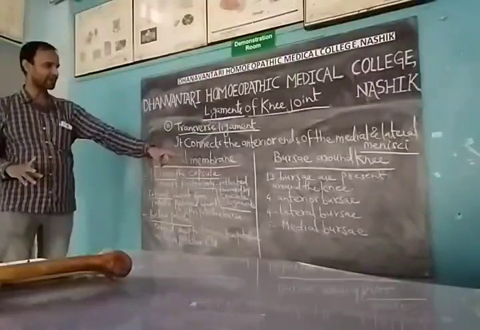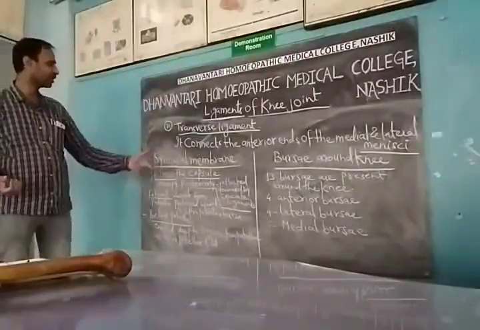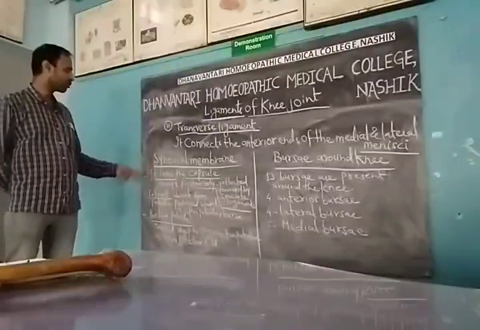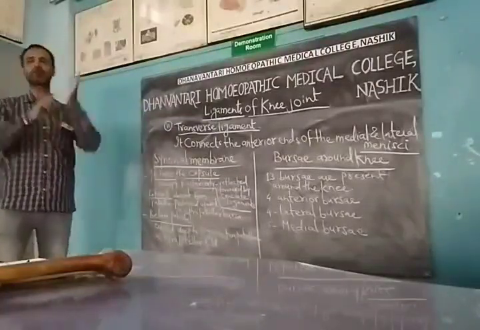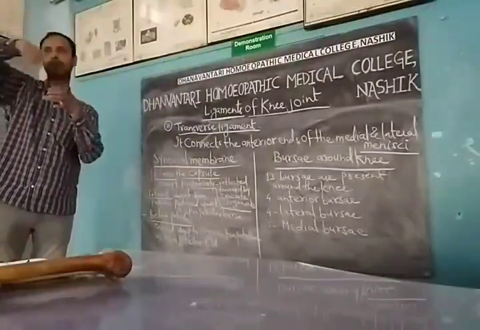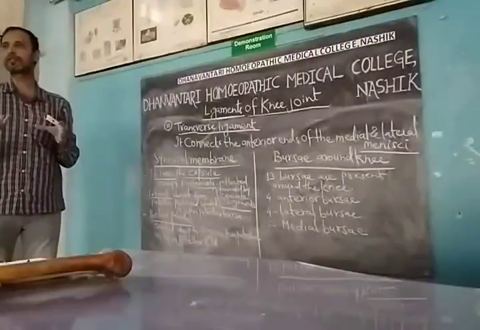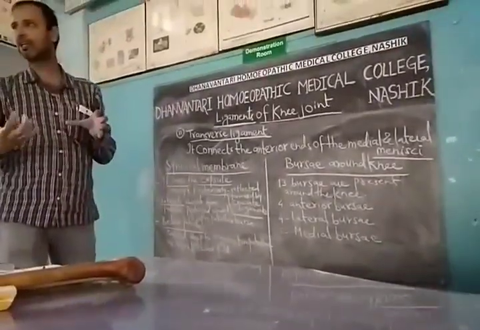Then the last part today, in this first part, we will finish with the synovial membrane and bursae. The synovial membrane lines the entire capsule, on the inner side of the capsule, because it is a synovial type of joint, a freely movable joint.